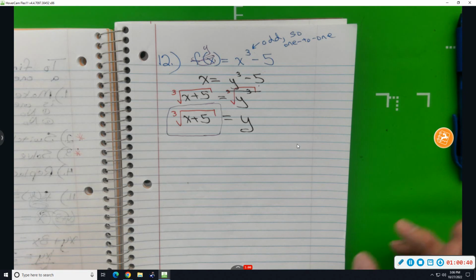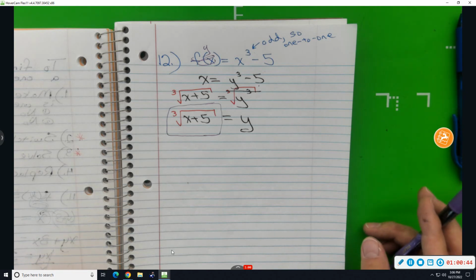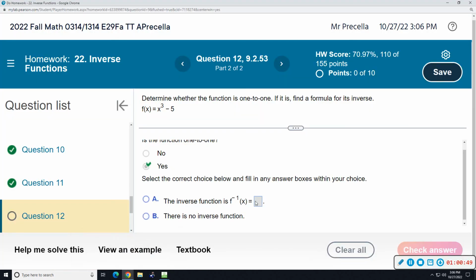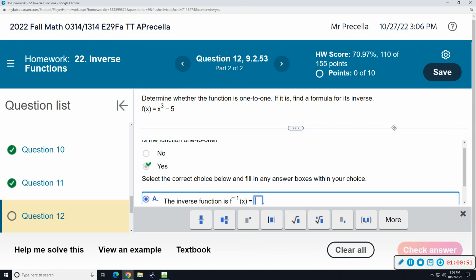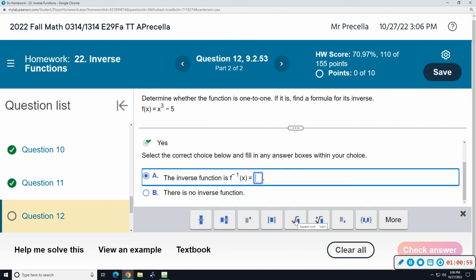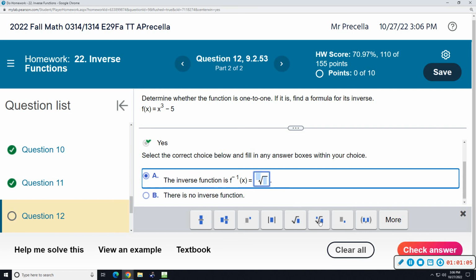But for the cube root, we're going to have to use the nth root hot button. Look at the two hot buttons involving radicals. There's the square root. That's not what we want. If you have a root other than a square, use the nth root hot button.